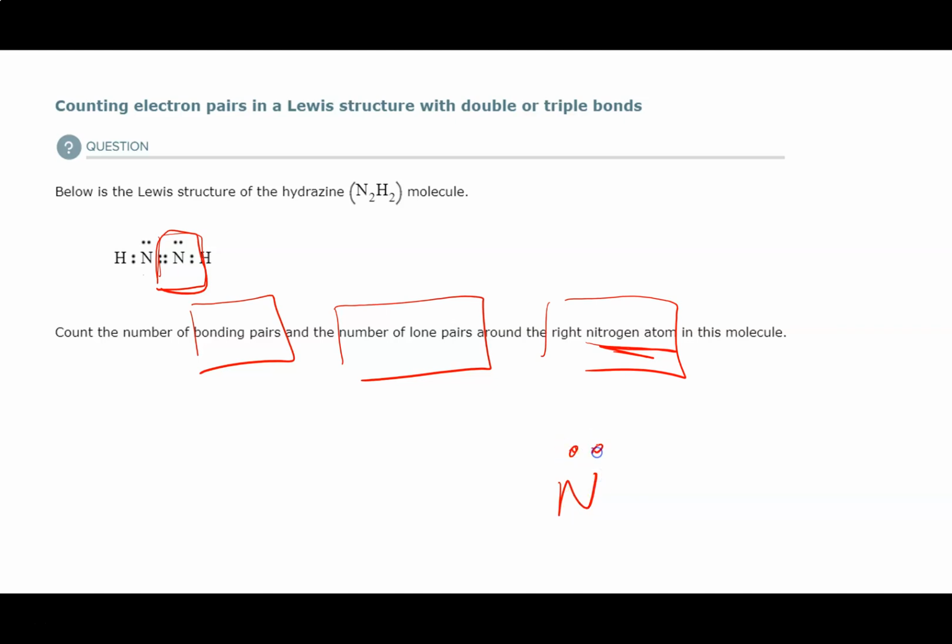Nitrogen, it's got 1 lone pair, then it's got 1 bonding pair to its right to the hydrogen, and then it's got 2 bonding pairs to the other nitrogen.